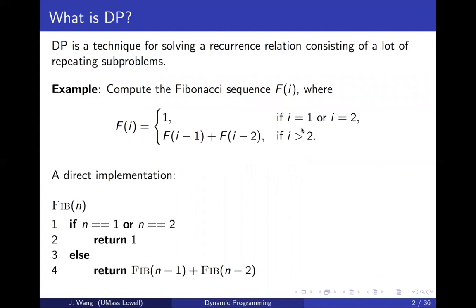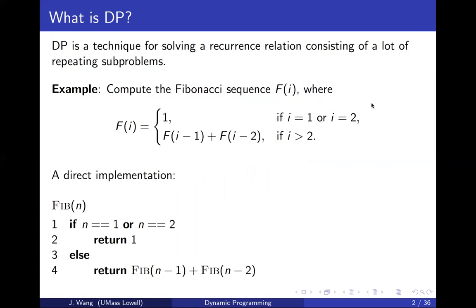All right, so now let's look at an example. So we use DP to represent dynamic programming. Again, it is a technique for solving a recurrence relation that consists of a lot of repeating subproblems.